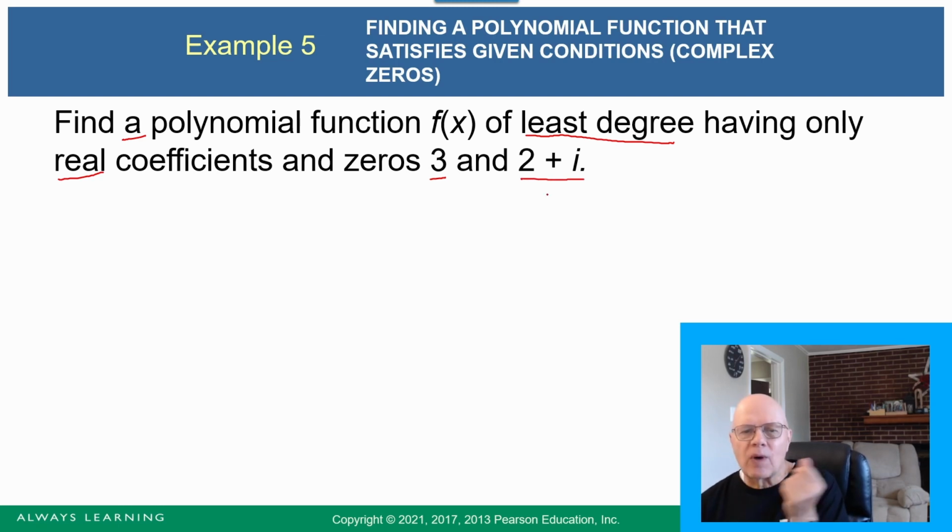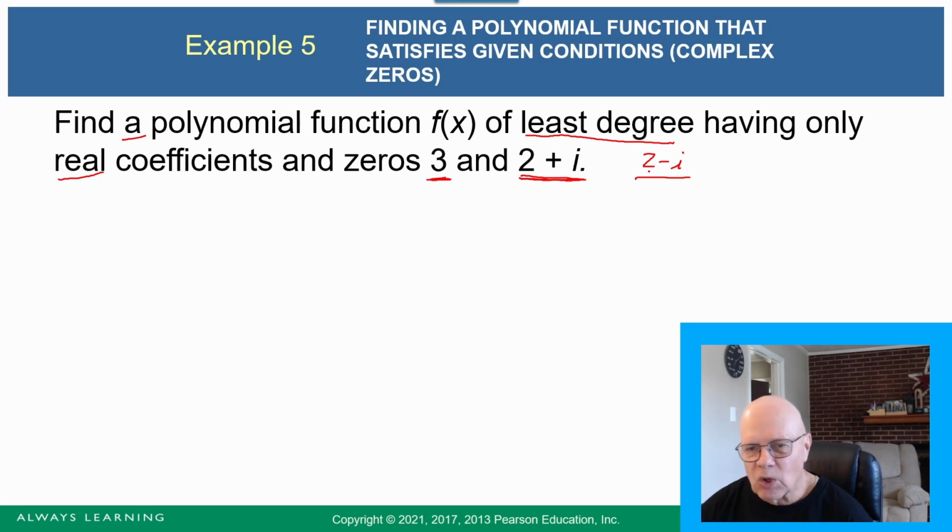Well, what do you know right away? Well, least degree, it's going to have a first degree with this one. This one adds another degree, second degree. And if you have 2 plus i, then you're going to have 2 minus i too. So it's going to be a third degree equation because you'll have these 3 zeros.